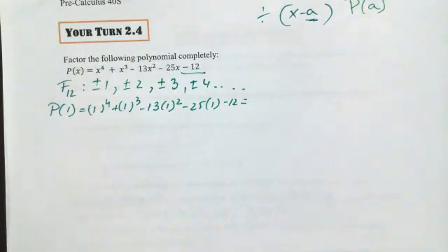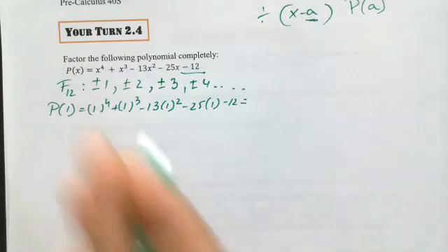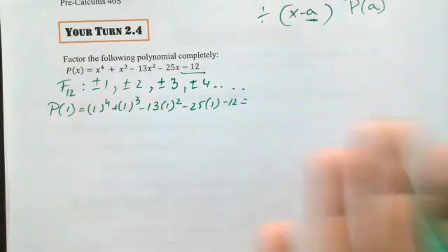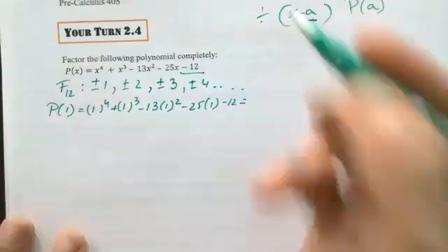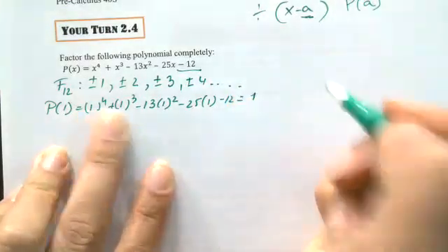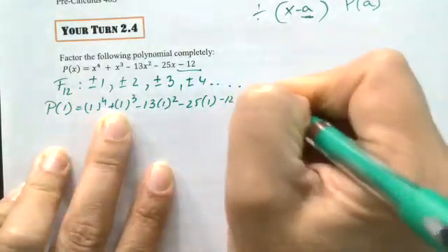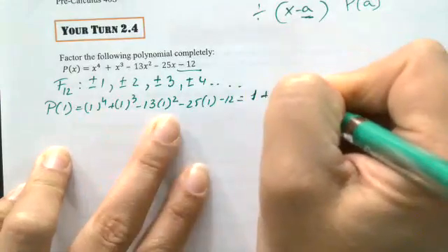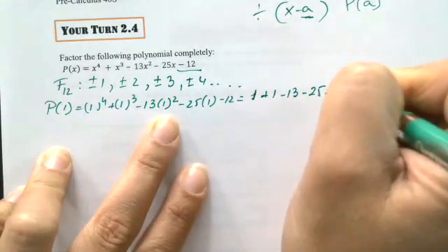Try to hear what I do and write from listening, and just look at your own paper and check to see that the board matches your own work. So plugging in 1 into the equation, we're just calculating, right? We get 1 from here, plus 1, minus 13, minus 25, minus 12.